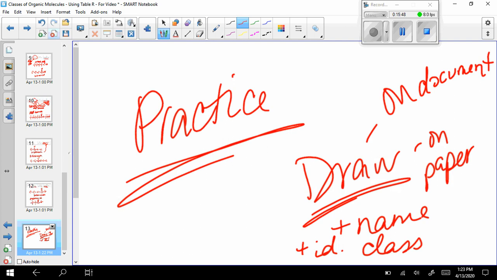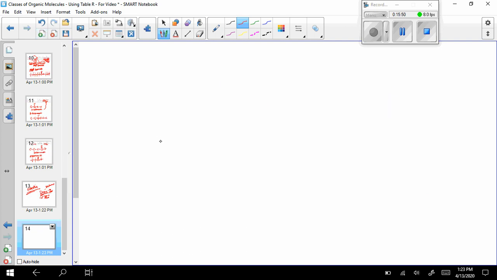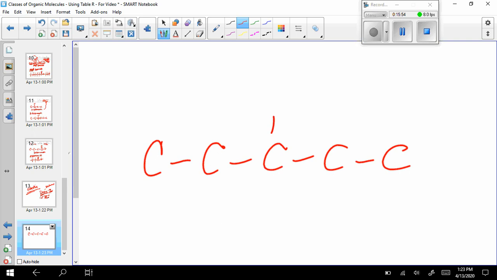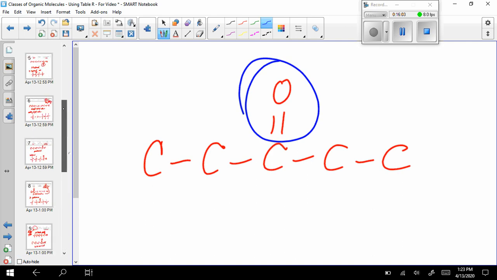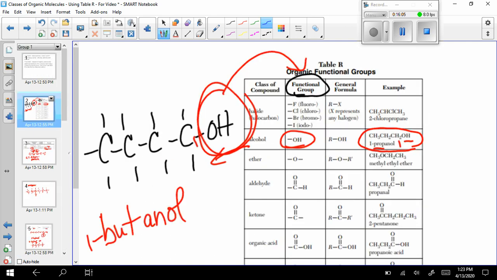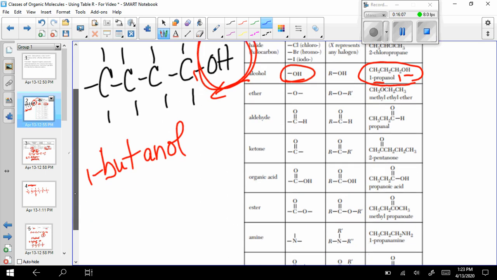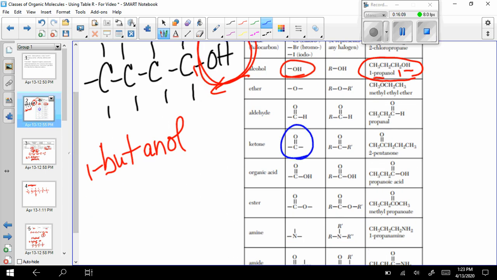So for example, let me just do one with you. Let's say this is my molecule and it's got this double bonded O in it. What I expect you to be able to do is say, hey, that's my functional group. And then you go to this table and you find it. There it is. That lets me know that this is a ketone.